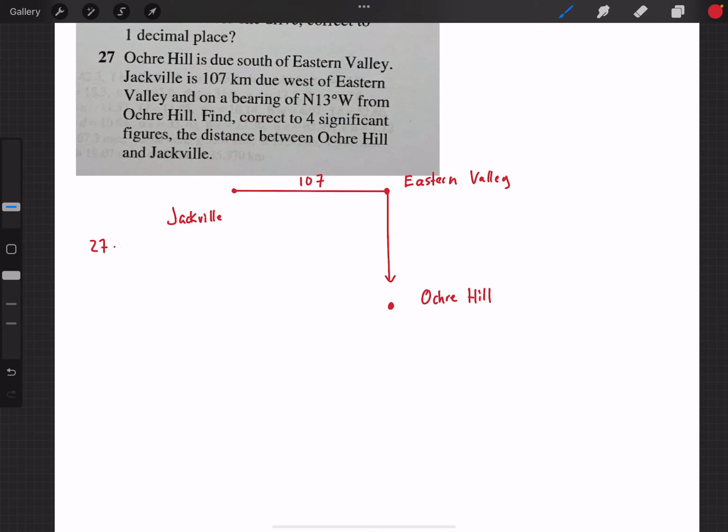And on a bearing of north 13 degrees west from Oka Hill. Oh, okay. So that means, okay, let me just draw this a bit further down.